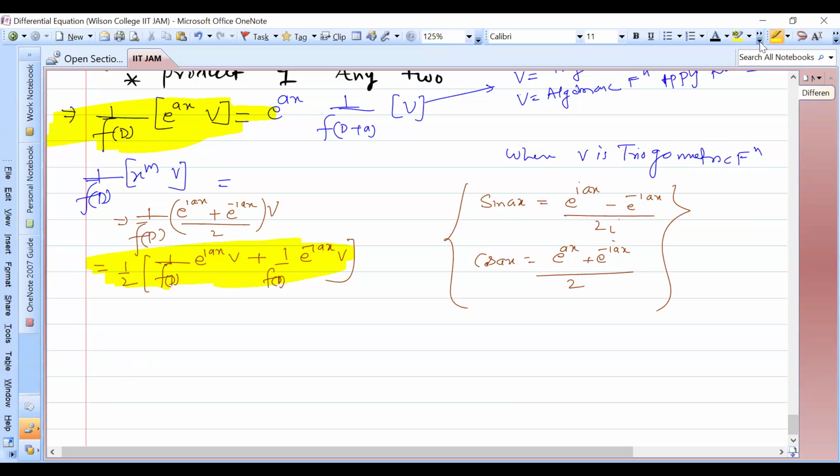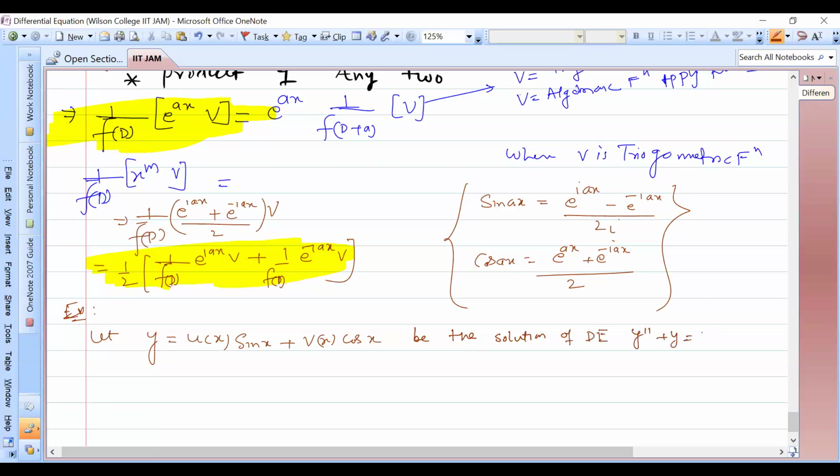Let y equals ux sin x plus bx cos x be the solution of the differential equation y double dash plus y equals sec x. Then find ux.